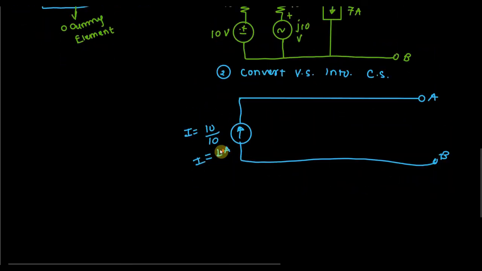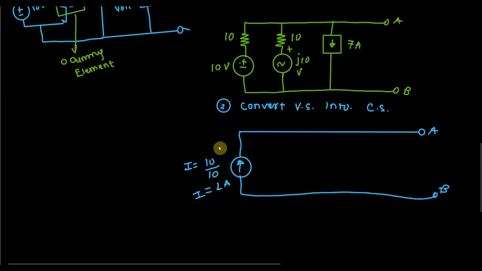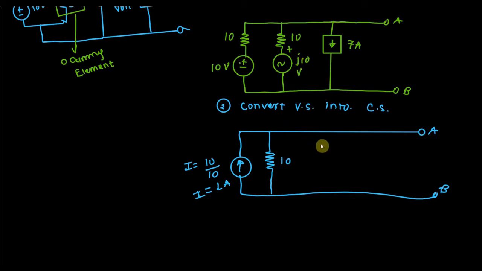Okay. And now that 10 ohm resistance comes in parallel. Similarly, we have to convert this also. Fine. And its resistance comes in parallel. The value of the resistance is 10. Fine. Now this will become a current source. So what will be the value of the current source?